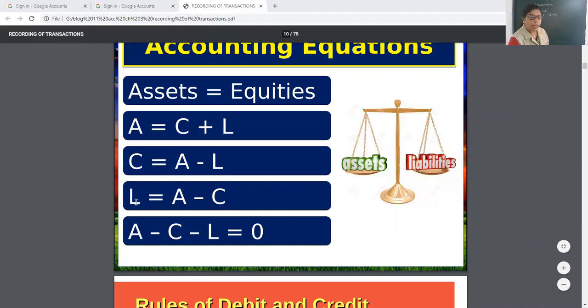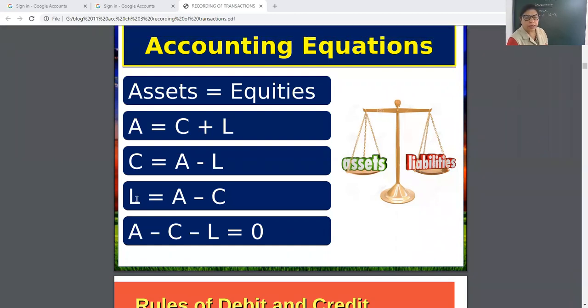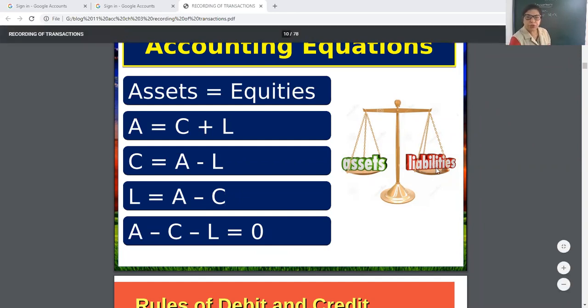If we want to calculate liabilities, then asset minus capital. See, asset minus capital minus liability, the amount will be 0, because in the balance sheet, the asset and liability sides are equal. So, you can see liabilities are of two types.